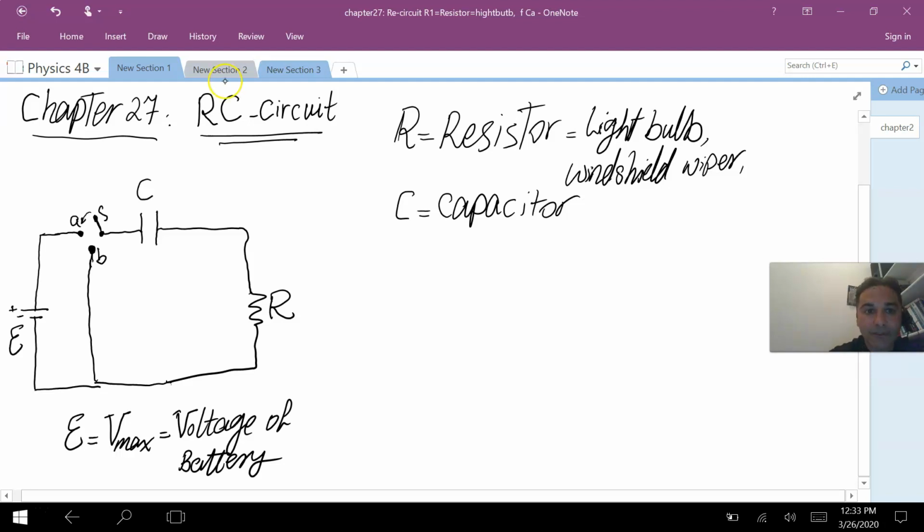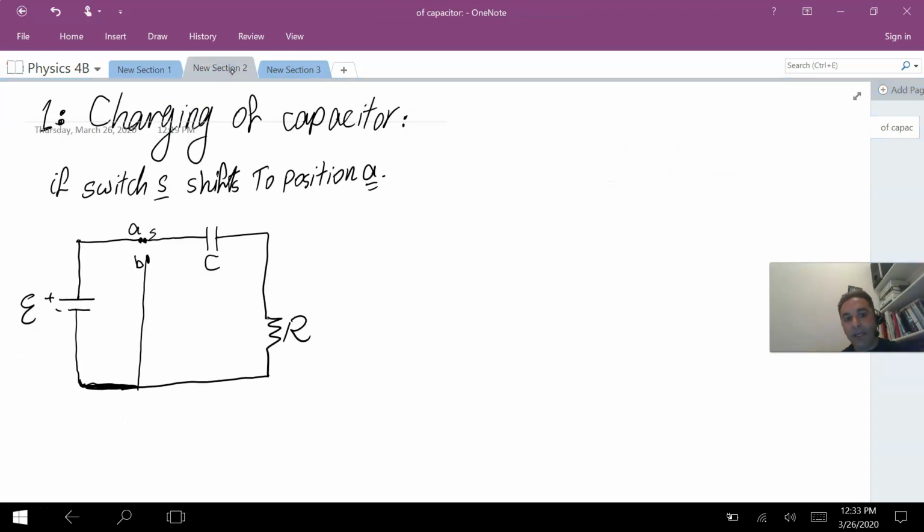If I close it, at this time I am connecting this battery, the maximum voltage, to this capacitor. Then capacitor and resistor will finally have the same voltage as the battery.